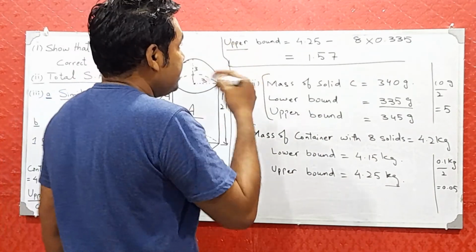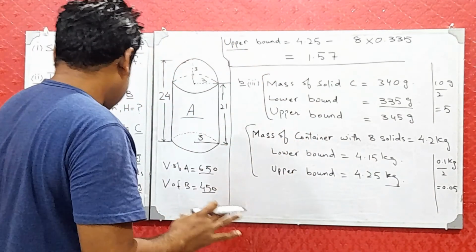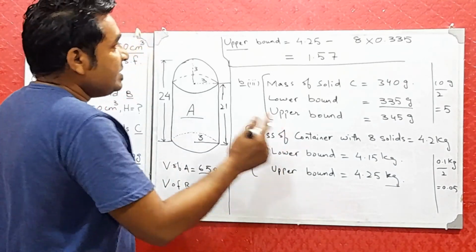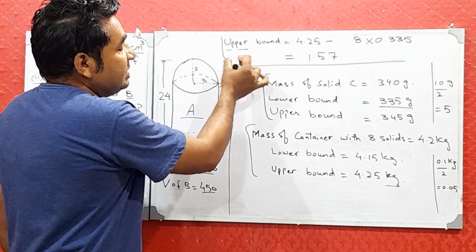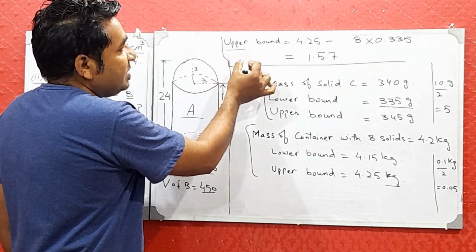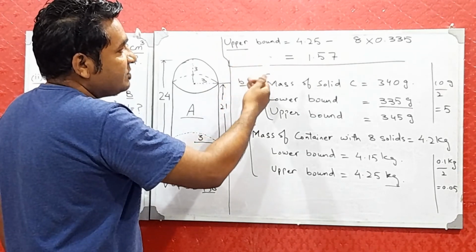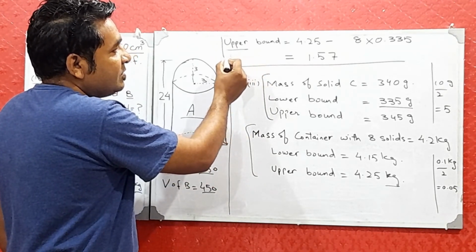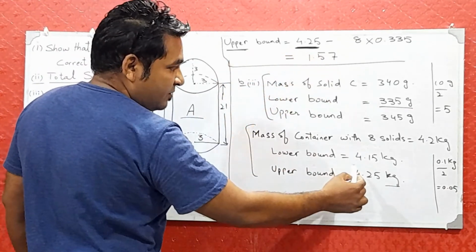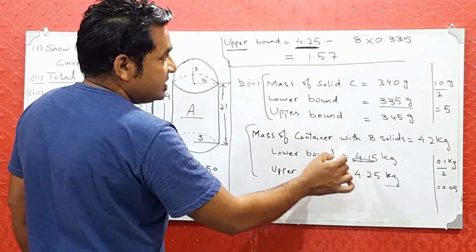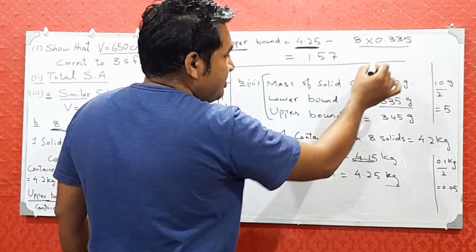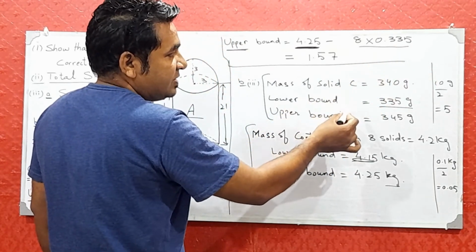If in a question we are asked to find the lower bound value of the mass of the container, what we will do is take the lower bound of the mass of the container with 8 solids, minus the upper bound of the mass of 8 solids.